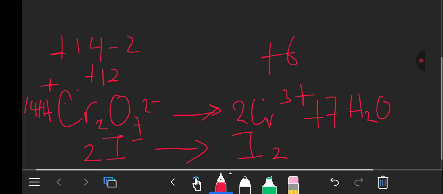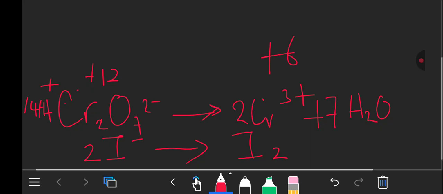So how do you balance the charge? You simply add electrons to the side which has a greater charge. That is just the tricky part here. You might be confused whether to add electrons to the side which has a lesser charge or a greater charge.